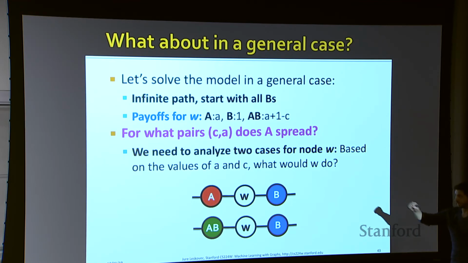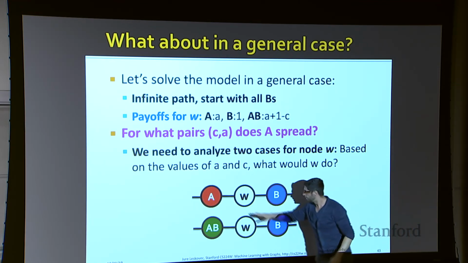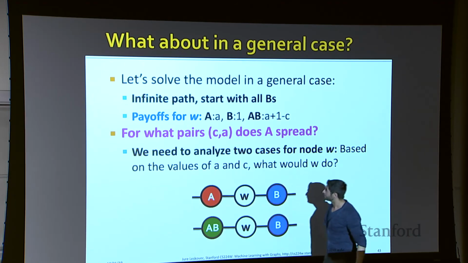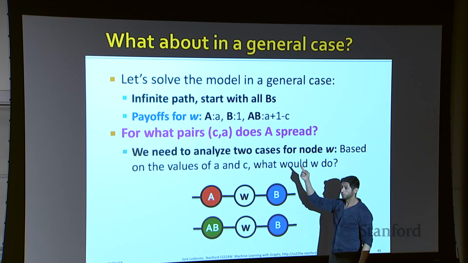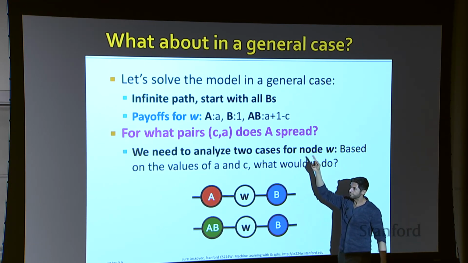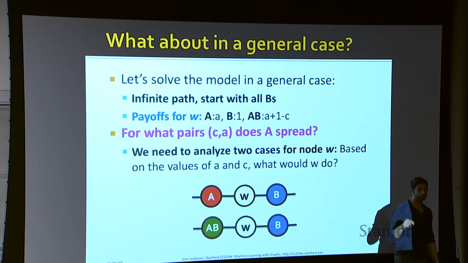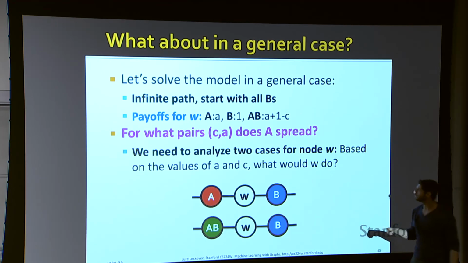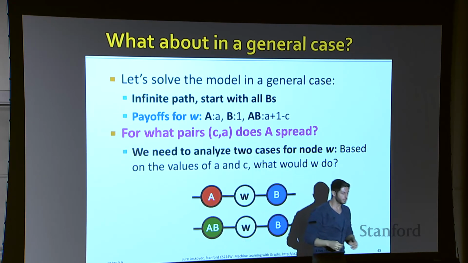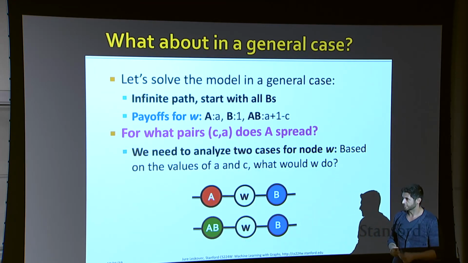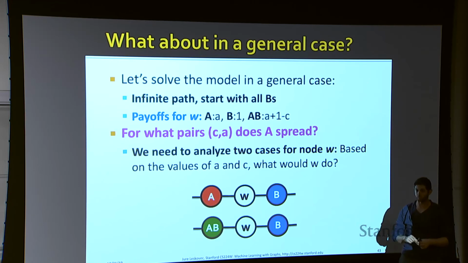Again, we have an infinite path. Everyone starts with B's. We have our set of core adopters of A, and the payoffs that we're going to set are: the payoff between A's is equal to a. Now we're going to have a fixed value for the payoffs of B, okay? And the reason why we can do this, if you think about it, is that payoffs can always be expressed in a proportional way.